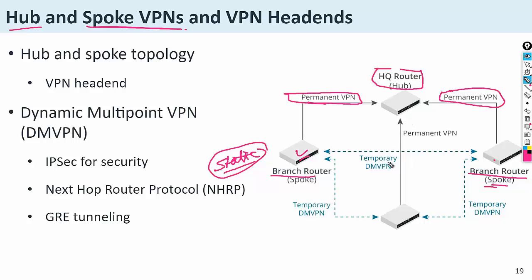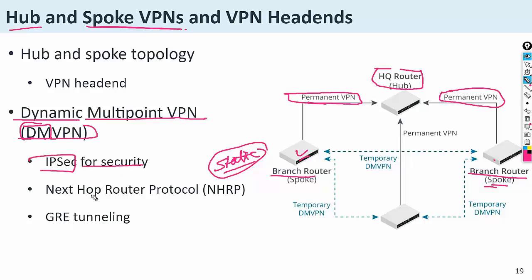But there is another type of communication required. It is called dynamic multi-point VPN, or DMVPN, where different protocols are used.